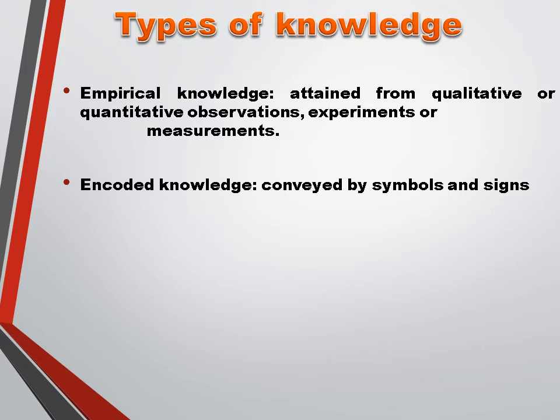A very good example of this is the hieroglyphics on monuments that you might have heard about. The Egyptians used to write different kinds of symbols on the pyramids and inside the tombs.